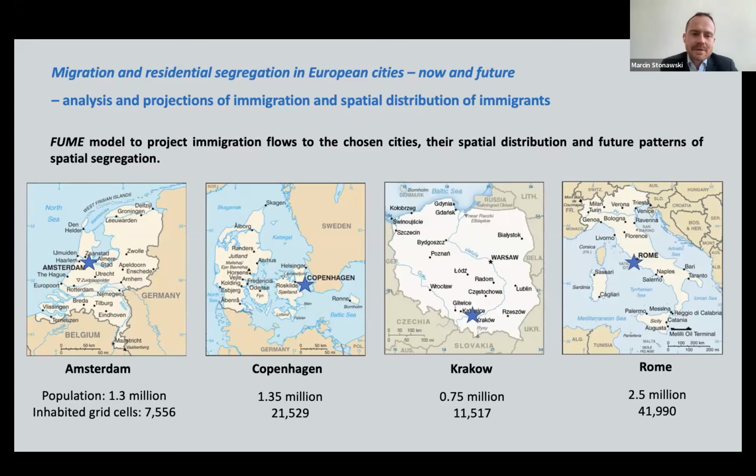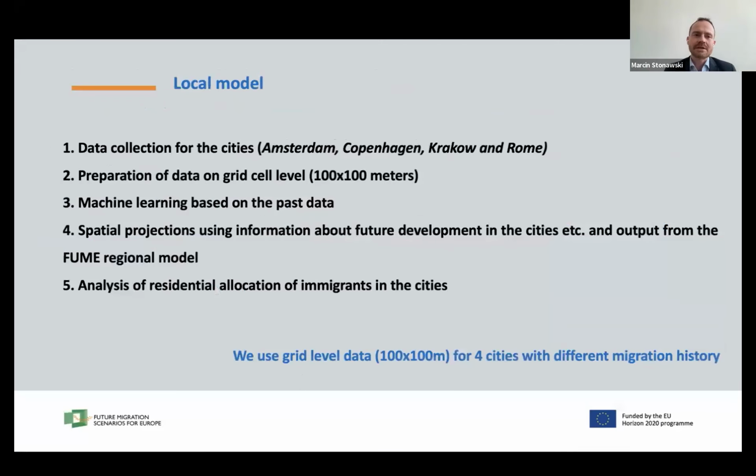For example, it's 7,500 inhabited cells in Amsterdam, and 21,500 grids of 100 by 100 meters in Copenhagen. So there is also a spatial challenge in planning if new waves of migrants come.